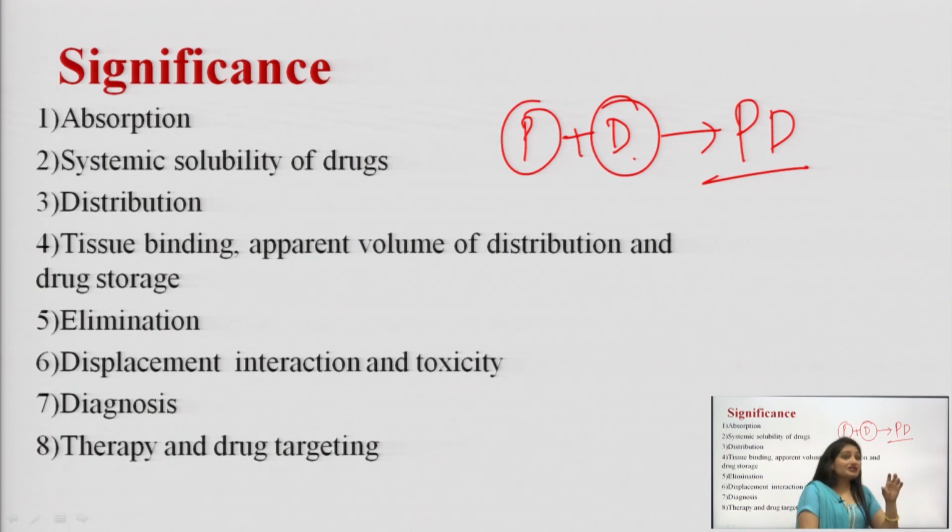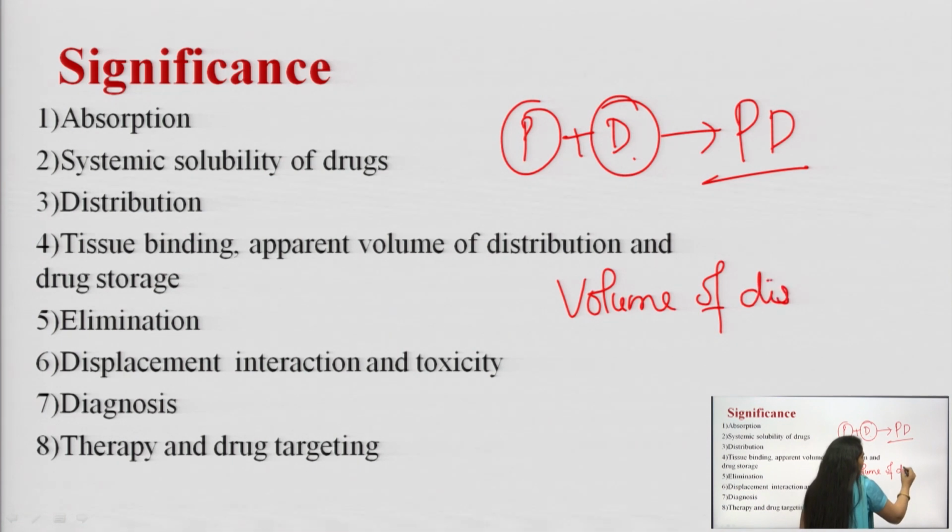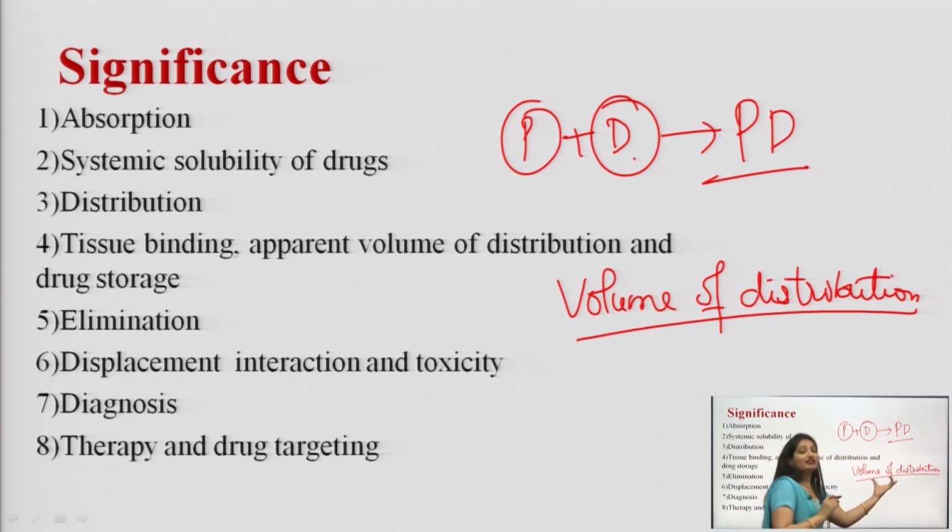And this tissue distribution we can express in the form of volume of distribution. Volume of distribution means the volume in which our drug molecule is distributed. This is known as the volume of distribution.